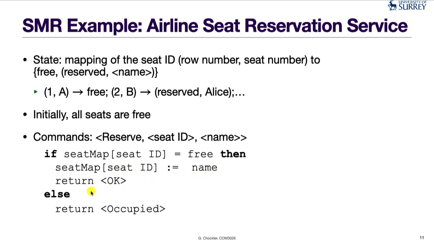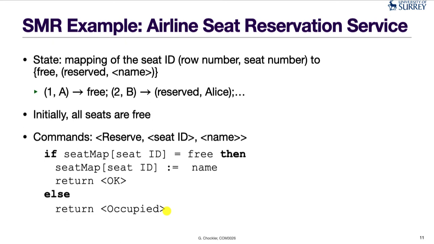Okay, and we return OK in this case. So in this case the output of the state machine is OK. Otherwise we return this atom occupied. Okay, so this is a simple specification of an airline seat reservation service as a state machine.